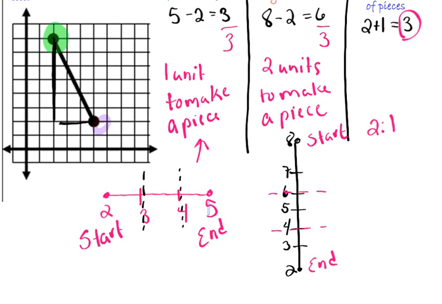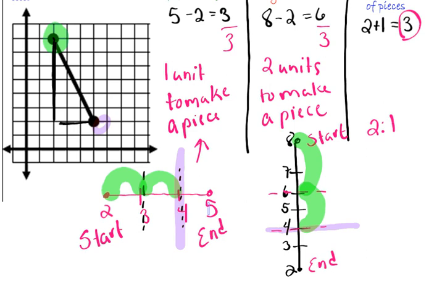So 2 units from the start, that's 1, 2, in both cases. My start here, that's 1, 2. So along this, that's the y value of my ordered pair of the point that cuts it. And here's my y here.